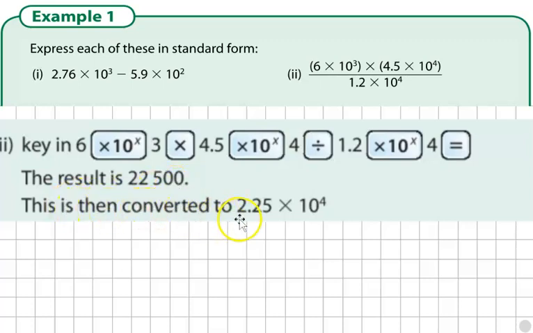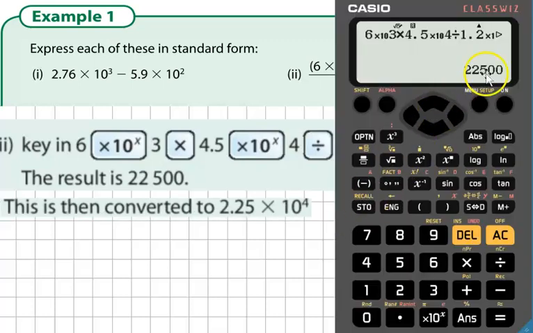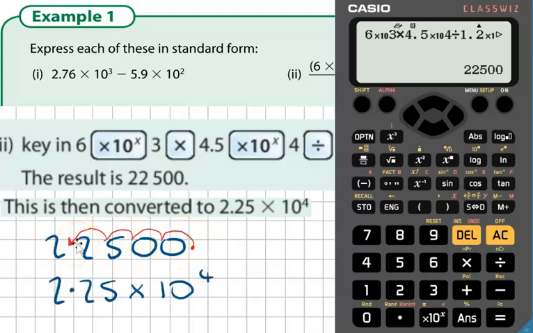And this can be converted into 2.25 times 10 to the power of 4. So in your calculator, you can see that's what you would get. And then just to show you how we turn that into standard form without the calculator. So we move our decimal point 4 places to the left. So we get 2.25 times 10 to the power of +4.